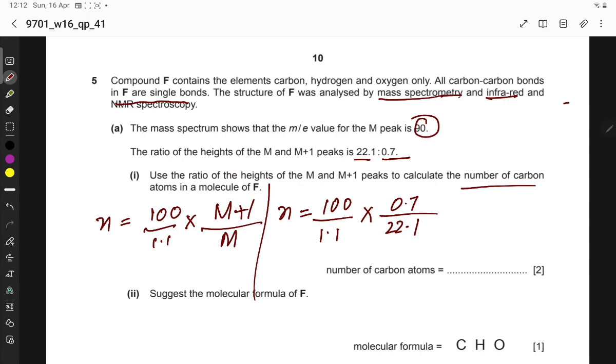So by calculating this value, N is equal to 2.8. So it means the whole number, that is 3.